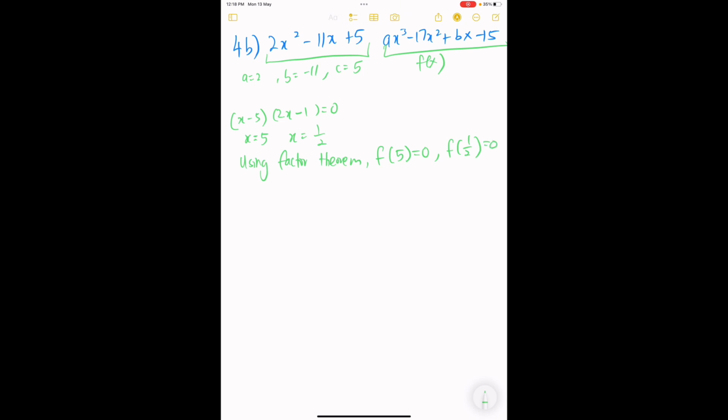Okay, so you have two values of x, and you need to put these two values of x inside the function f(x). Okay, so from ax cubed minus 17x squared plus bx minus 15, you equate it to 0, and you change. First, here is f(5) equals 0, here is f(1/2) equals 0. Okay, so change x to 5.